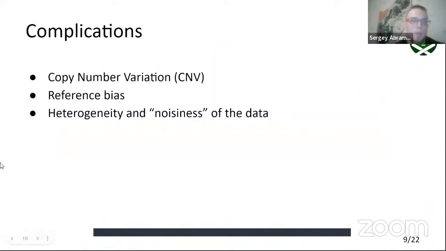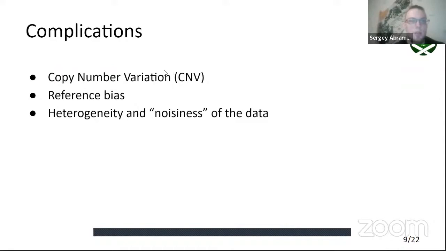Among them, the most important are copy number variation, reference bias, and overall heterogeneity and noisiness of the data. I will cover all three of these topics in the next few minutes.